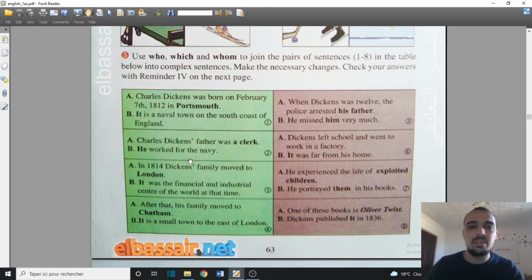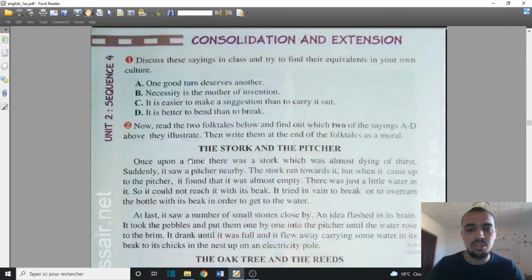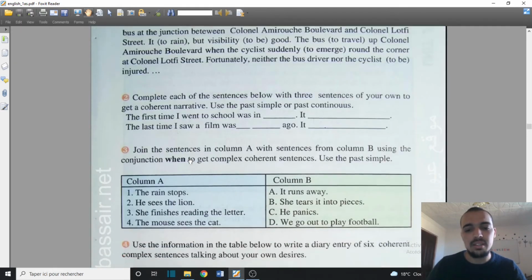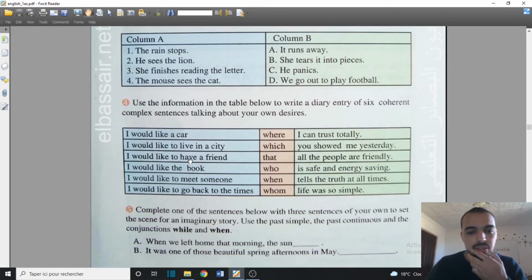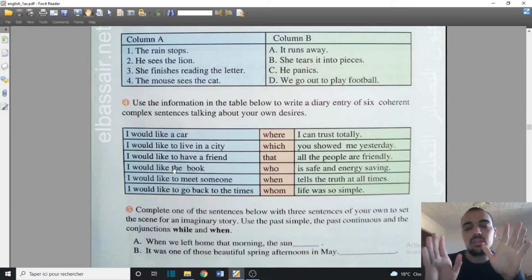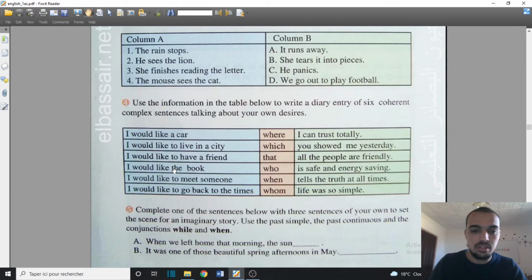However, we'll just show you an example of independent clauses, two sentences that have no relation between them. We'll go quickly through the exercises. For example, if we take some random sentences to see the difference: I would like the book, let's suppose this is our first sentence.